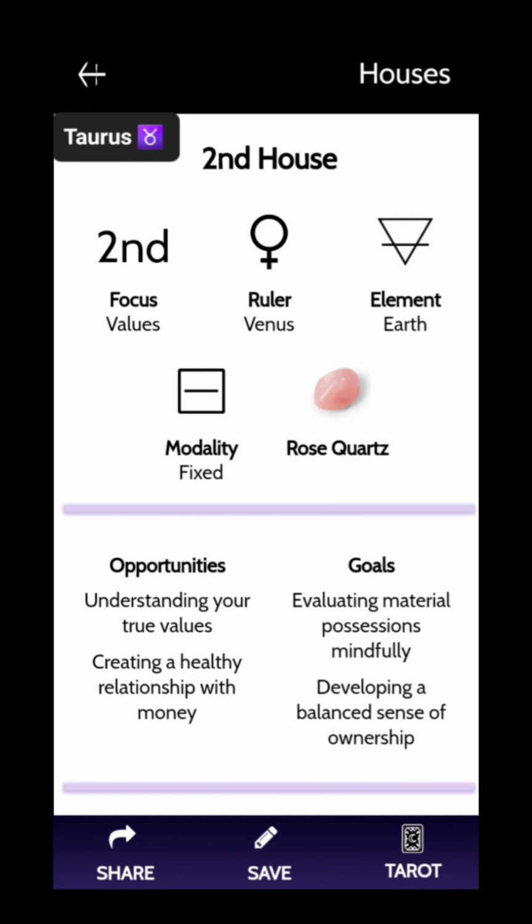It also represents food and sensual things that you can eat, touch, smell, okay, sensual things. It represents income and the way that you spend your income, okay? That is the second house.